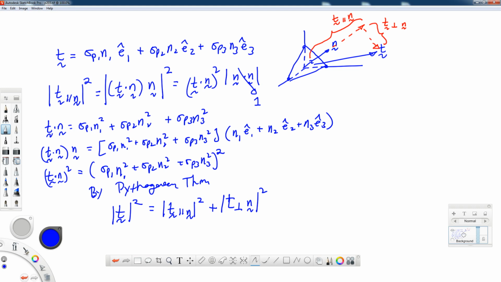Now what I really want is the magnitude of this term right here, the magnitude of that vector. We can do that by rearranging that equation.